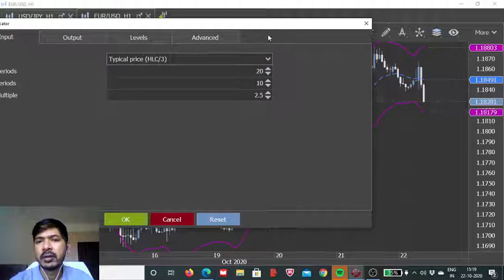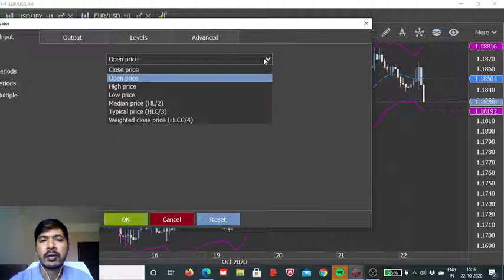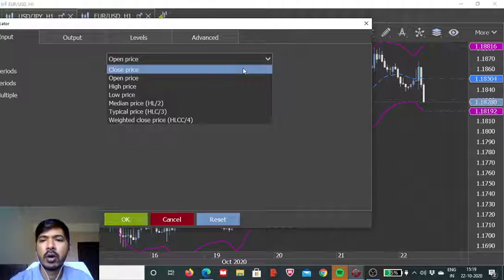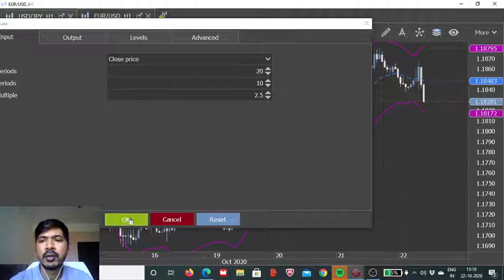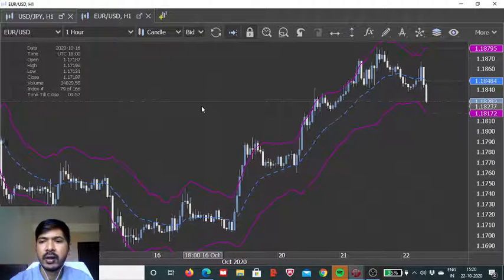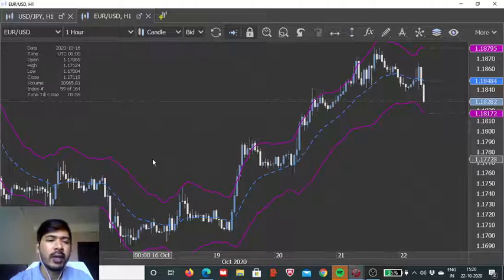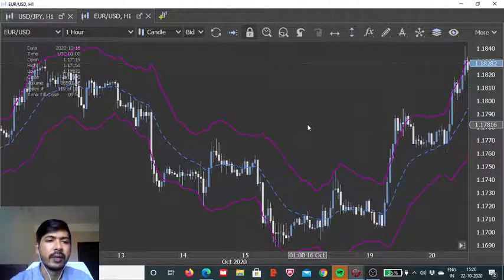Typical price, open price. So that's how the system works depending on the type of applied price. We will have the difference in plotting, and this indicator will still give you the direction as well as the strength of the trend.